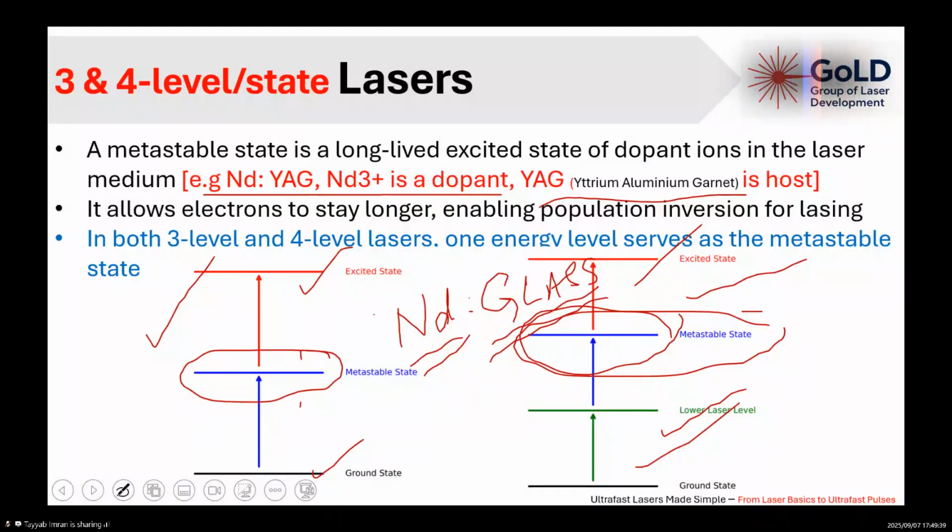It doesn't let the electron fall down until the beam comes from outside to make it. So this is a 4-level system, and this is a 3-level system. Whether it's 3-level or 4-level, one of the levels is supposed to be a metastable level, and that is because of the dopant.